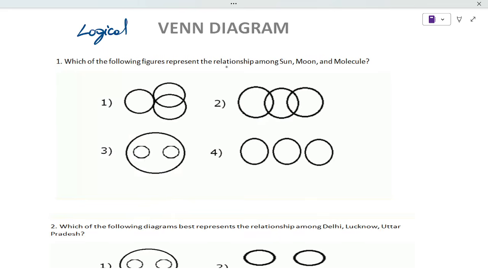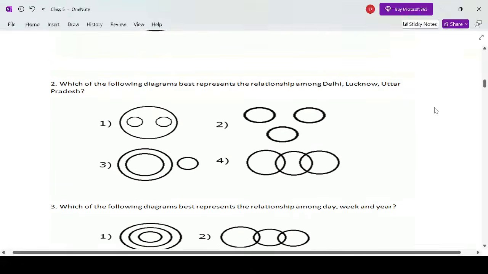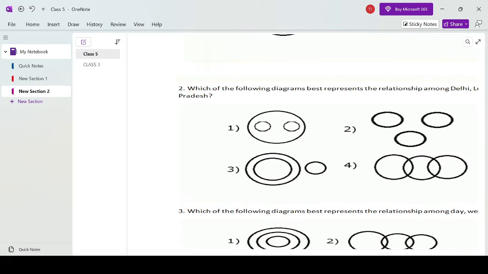If we look very closely, sun and moon are not related. But sun and moon are different, yet both sun and moon are made of what? Molecules. So the answer is 3. Next one is about Delhi, Lucknow, and Uttar Pradesh.